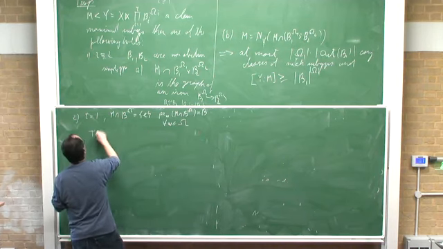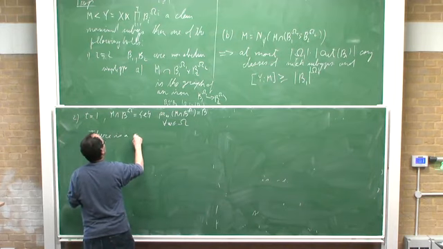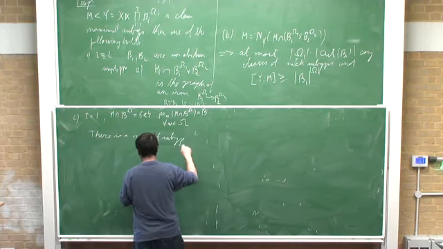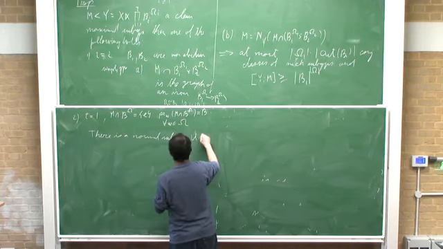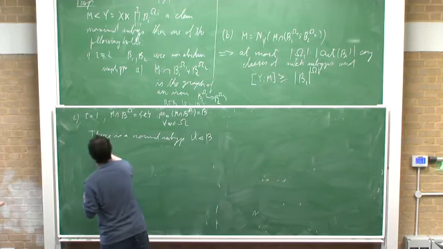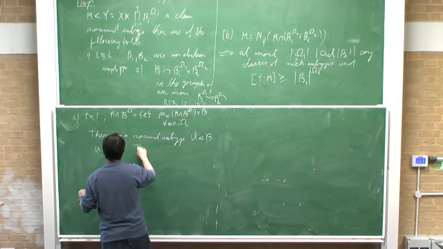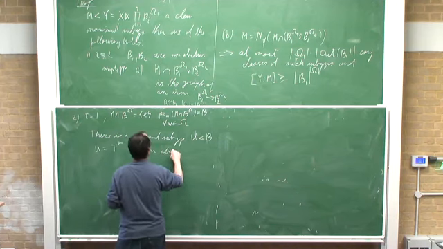So for every omega there is a normal subgroup U inside B, which is of the form T to the r, where T is some non-abelian simple group.